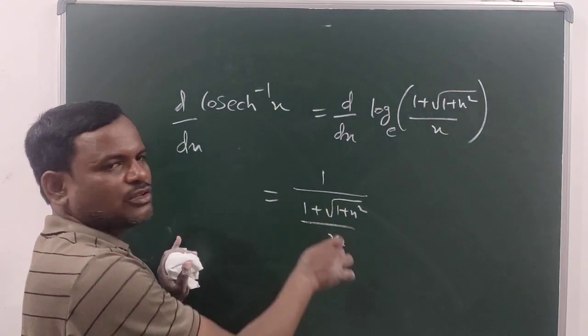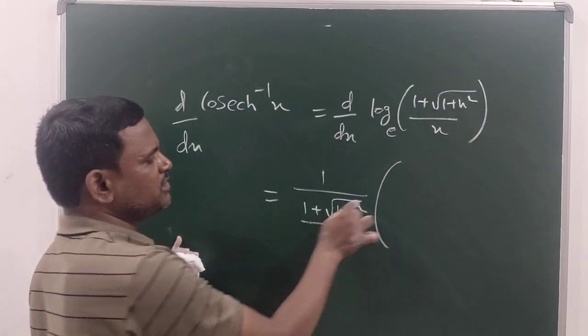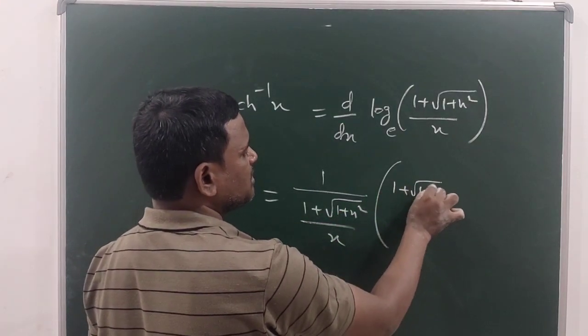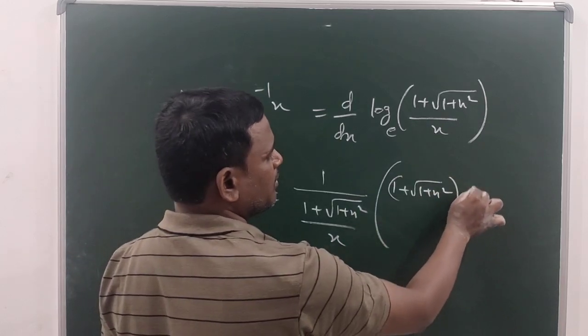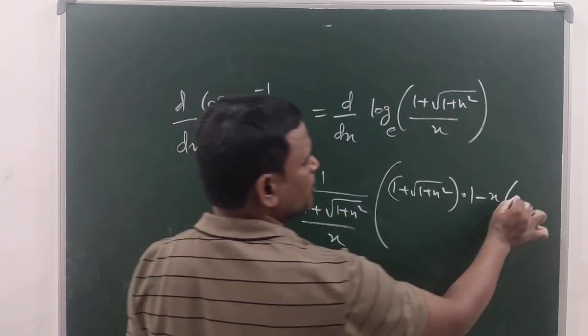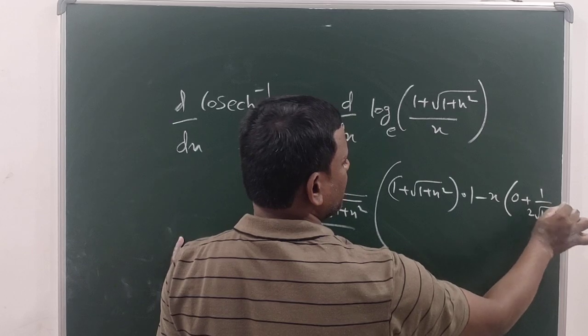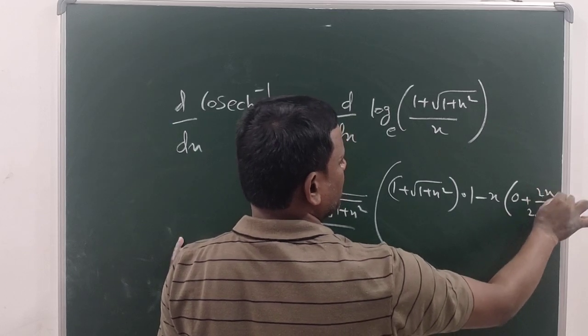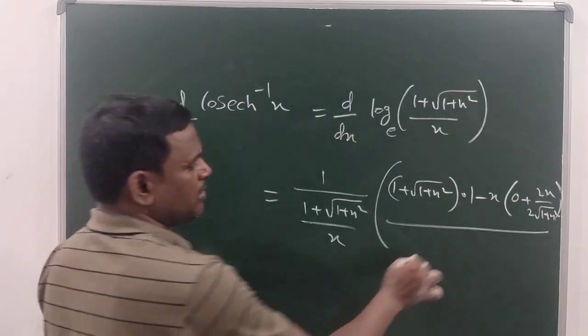Now v is this x? No, follow the chain rule, so u by v. U is this 1 plus root of 1 plus x square. Keep it aside and do the derivative of 1 minus x into the derivative of u, 0 plus 1 by 2 root 1 plus x square, and here 2x will come, whole by whole square, here x square.